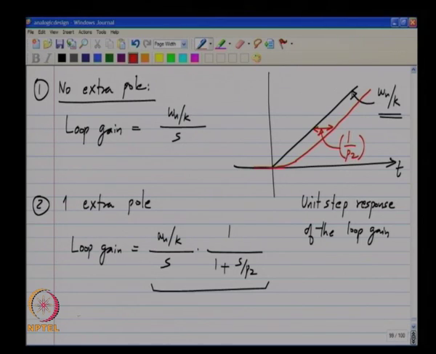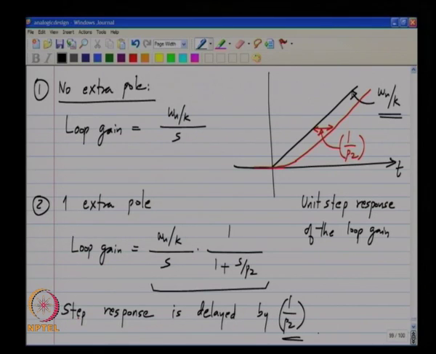So, approximately speaking, the step response with the extra pole is delayed compared to the one without the pole by an amount 1 by P2.